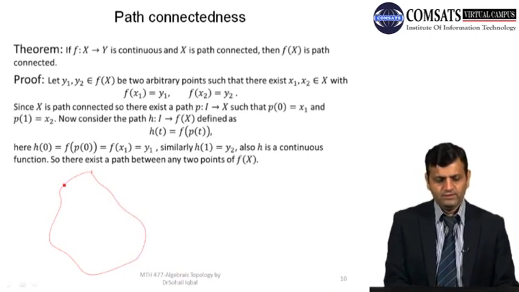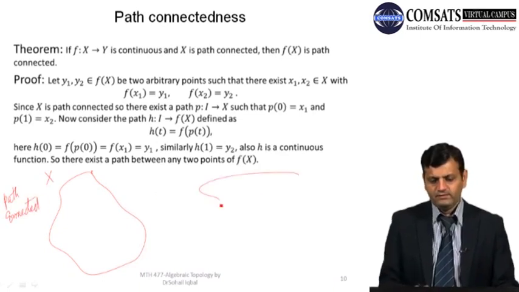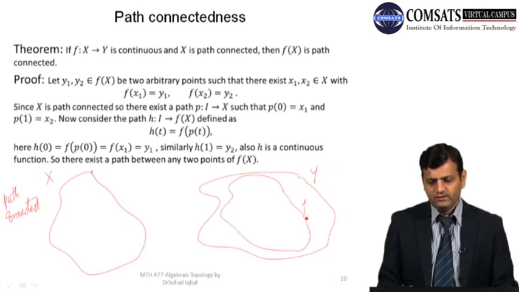So this is our space X, which is path connected, and this is our space Y, and we have to show that if this is the image f of X, then f of X is path connected. So this is our question mark. Of course, if we want to show that f of X is path connected, then take two points y1 and y2 from this space.